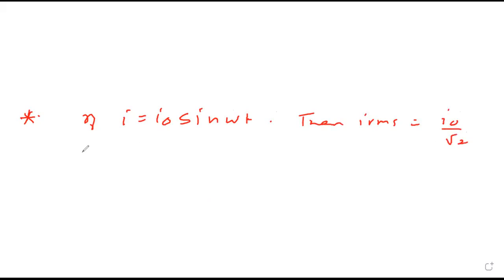Now let us prove, if I equals to I0 sine omega t, then IRMS, how it is I0 by root 2. Proof we are doing. IRMS means square root of mean ka square, mean ka square root.